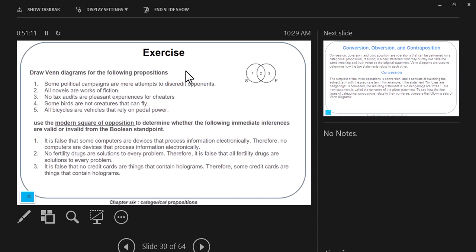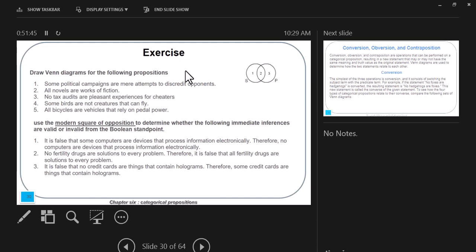Yes, some birds are not creatures that can fly. Which region? Number 2, shading or asterisk? Incorrect.